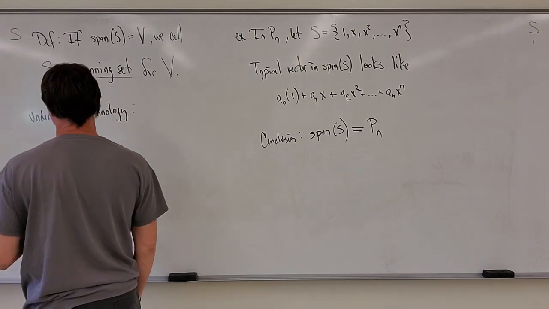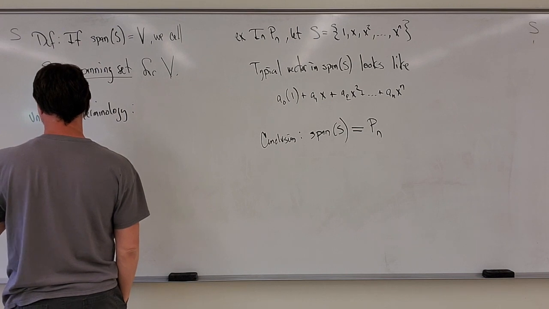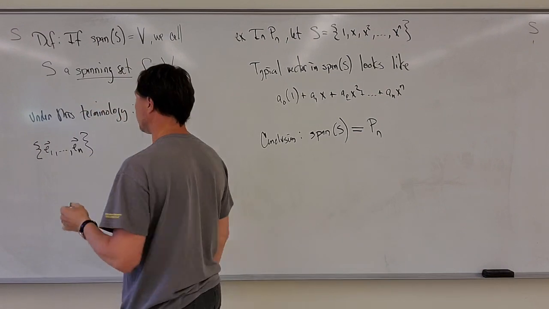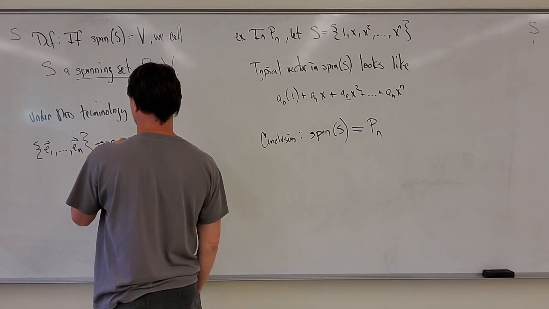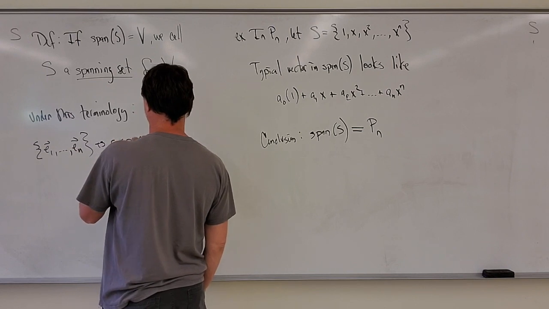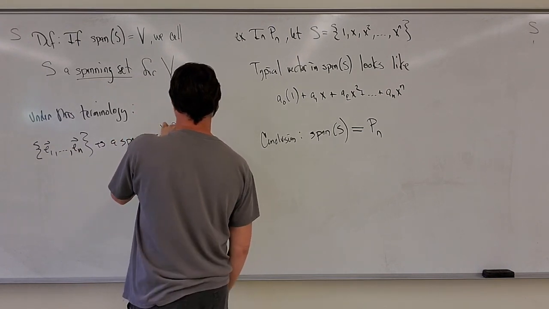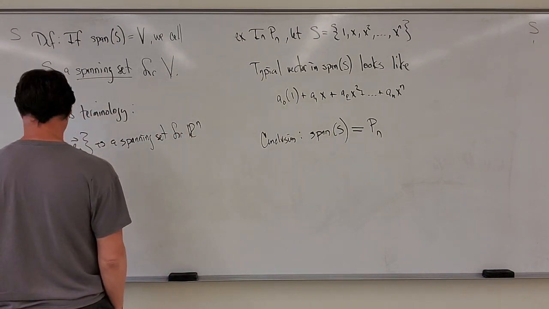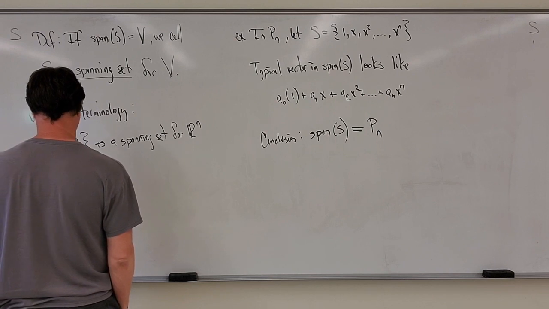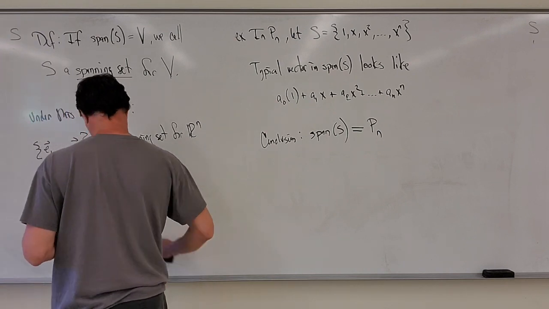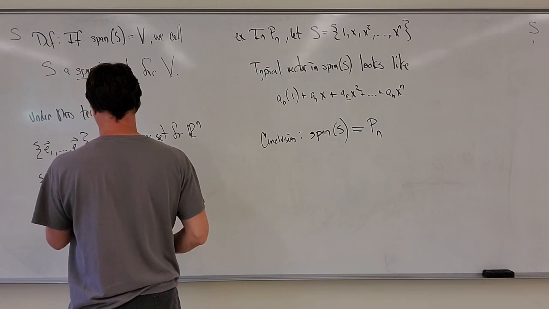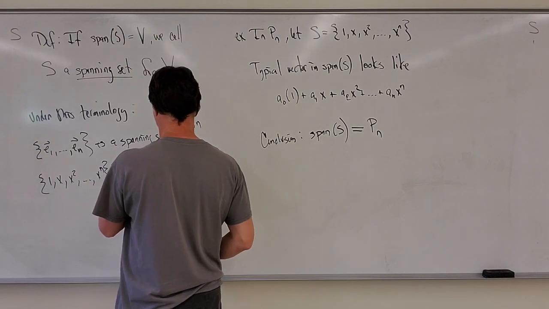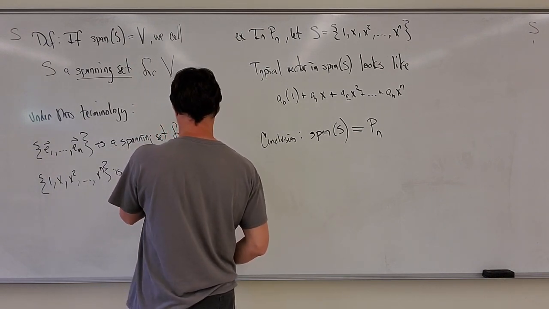Under this terminology, E1 up through E sub n is a spanning set for Rn. And 1, x, x squared, all the way up to x to the n, is a spanning set for P sub n.